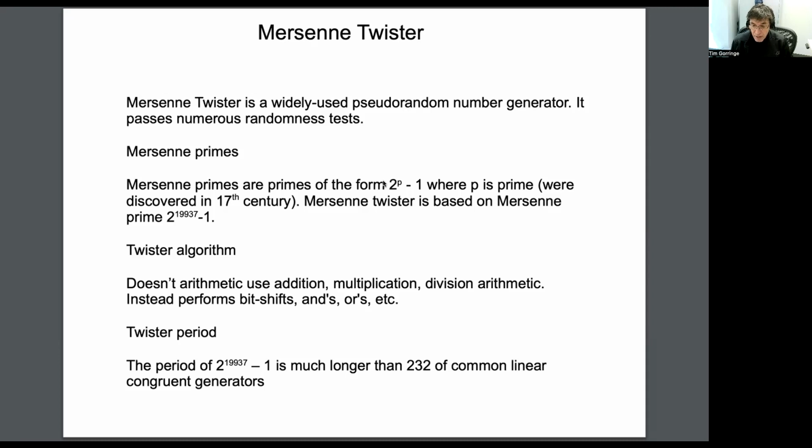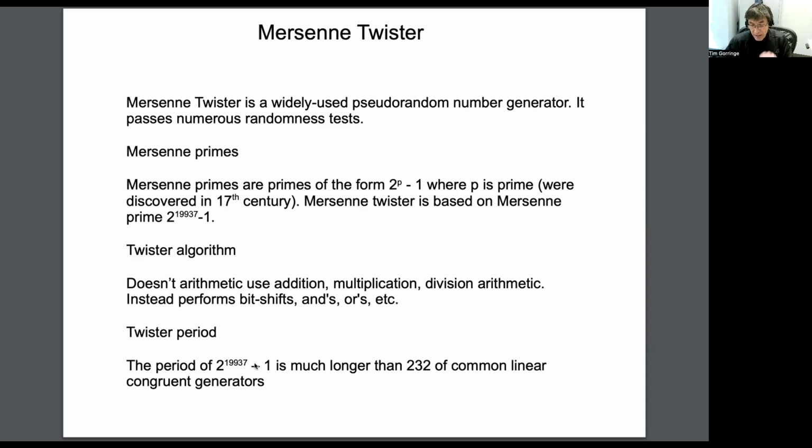It's based, as I say, on a Mersenne prime. The actual Mersenne prime that gets used is this one here. 19,937 is a prime number. 2 to the power 19,937 minus 1 is also a prime number.